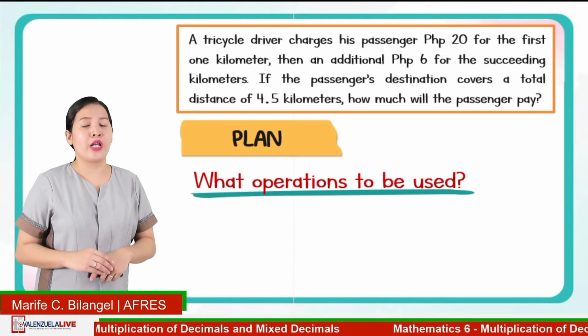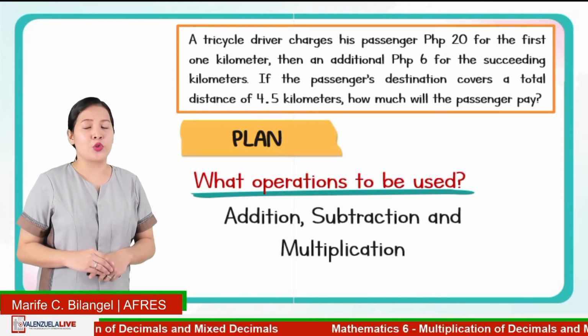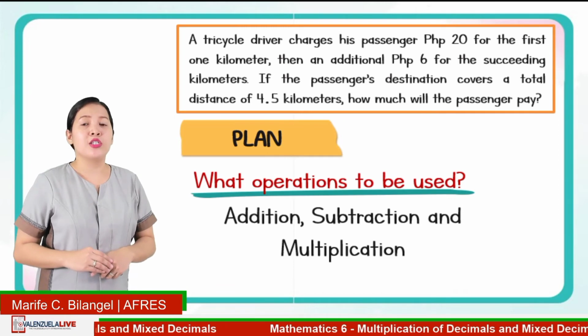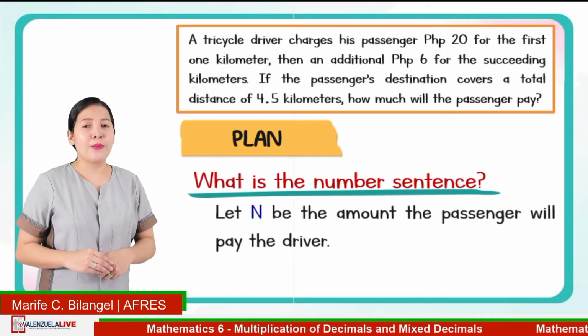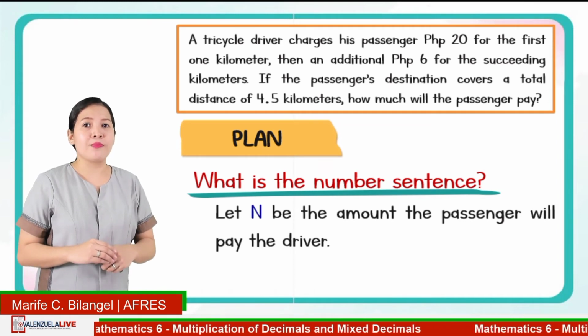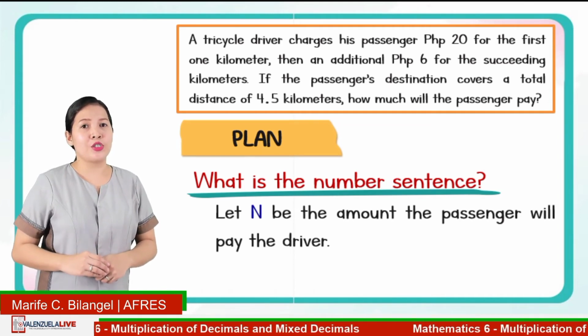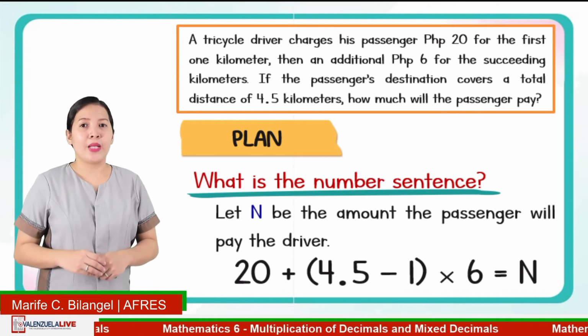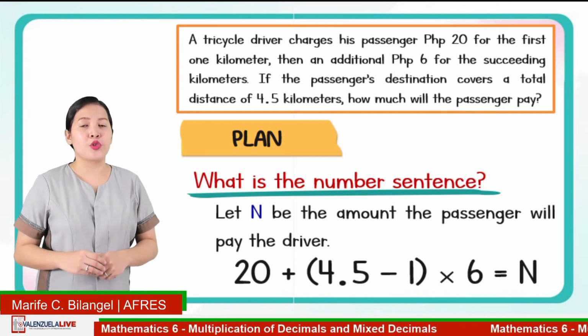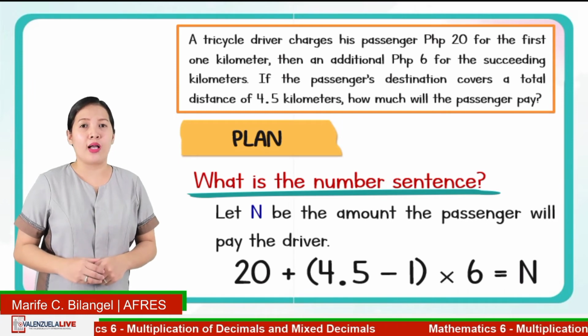What are the operations to be used in this problem? So we have addition, subtraction, and multiplication. The number sentence, let n be the amount the passenger will pay the driver. So we have 20 plus (4.5 minus 1) times 6 equals n.